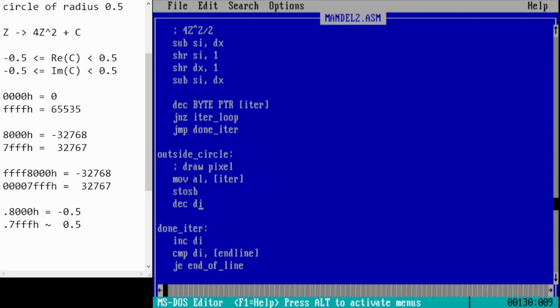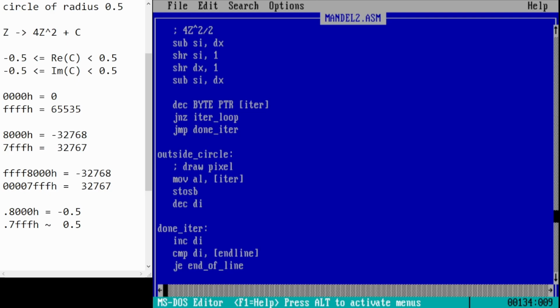Now, you might wonder why I decremented DI and incremented DI. Well, of course, if I had jumped over this piece of code here down to here, I really need to still increment DI to move to the next pixel. So that's why it has to be decrement DI and then increment DI. Anyway, this is now back to our original code.